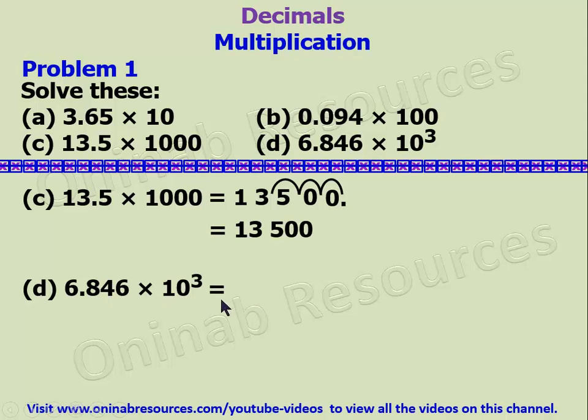So we have 6.846 multiplying by 1000, which is 10 raised to the power 3. We move the point 3 times. 1, 2, 3. So again we still have 6846.0, which is still the same thing as 6846. This is the end of solution to problem 1.